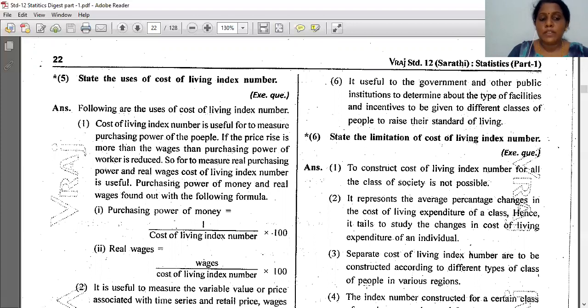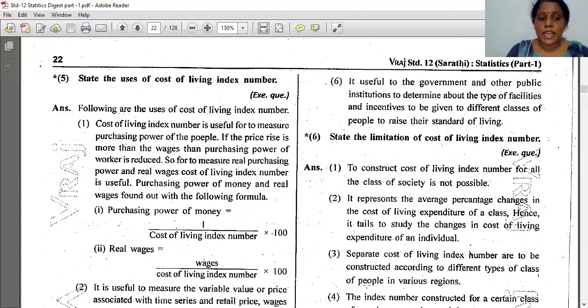So purchasing power of a person means how much capacity he has to purchase any product, right? Meaning, whatever the salary, that much only. If a person is earning 10,000, then he can't buy a product of more than 10,000 rupees, right? So cost of living index number is useful to measure the purchasing power of the people.